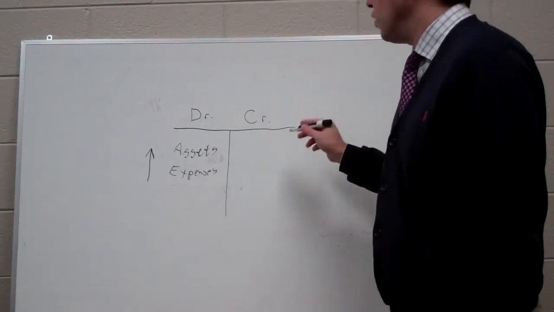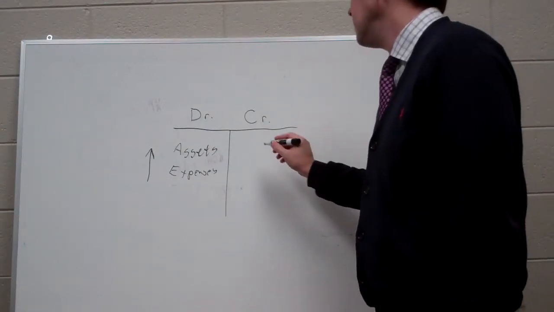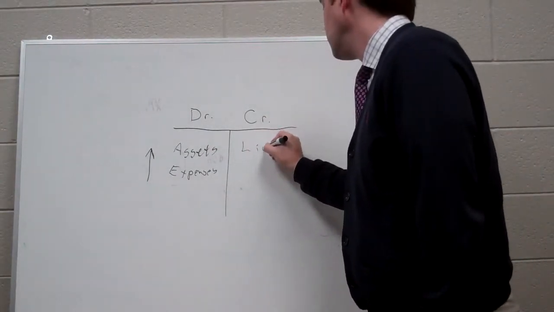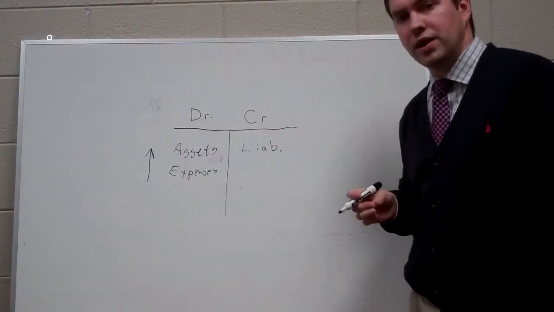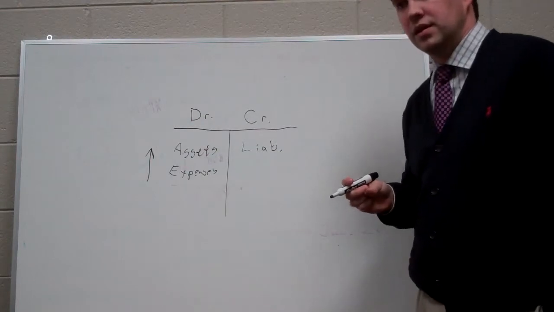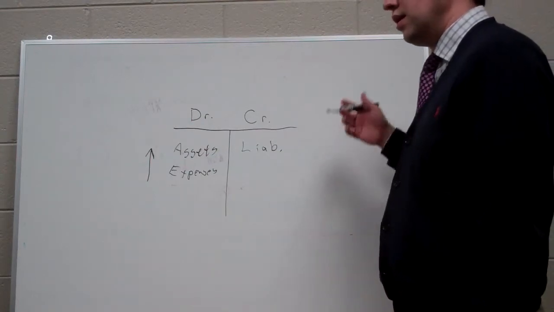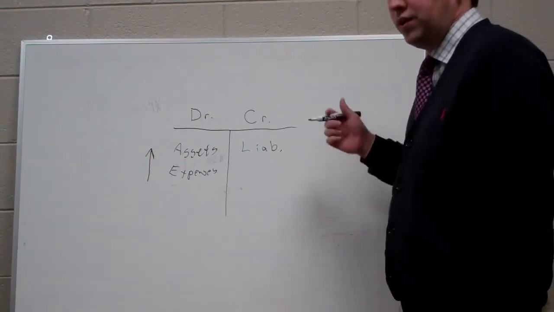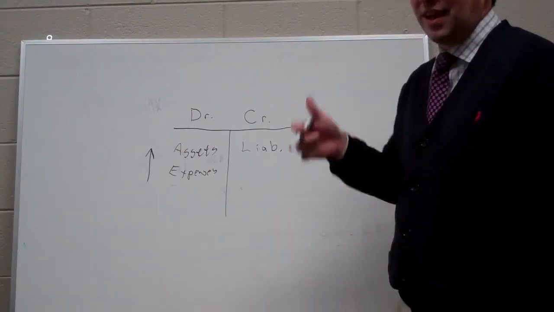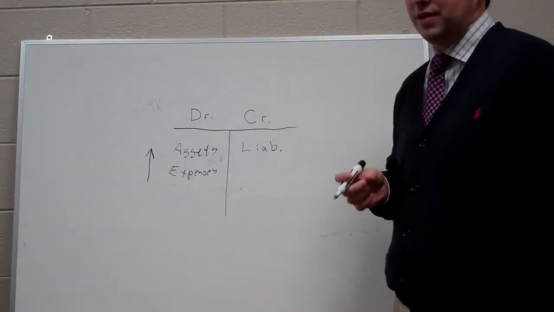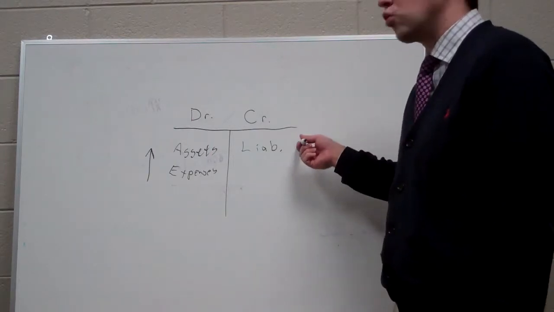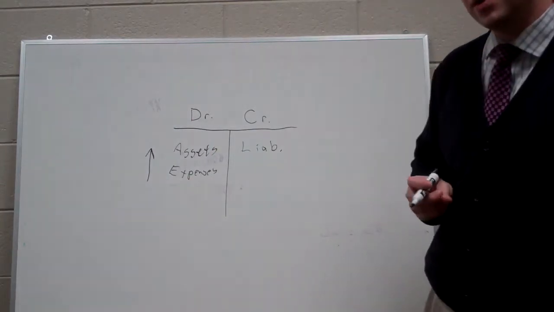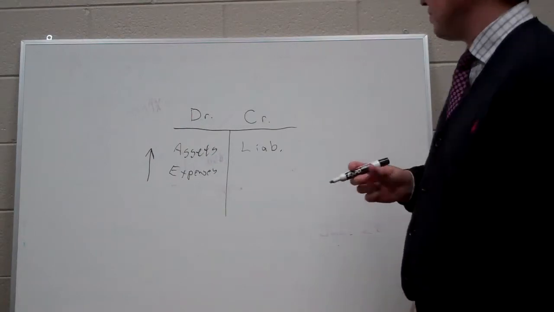Now, on the credit side, liabilities increase on the credit side. When we borrow money, we debit cash. Cash is an asset. Cash is increasing when we get that new money in. We now have an obligation, a liability to pay it back, so we're going to credit the liability because it increases on the credit side.